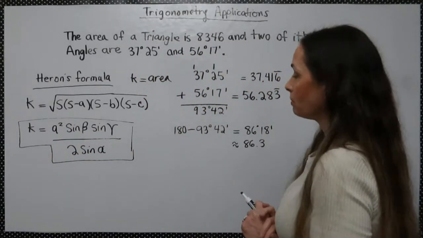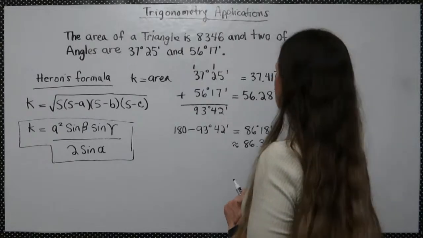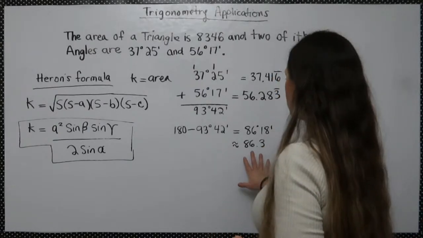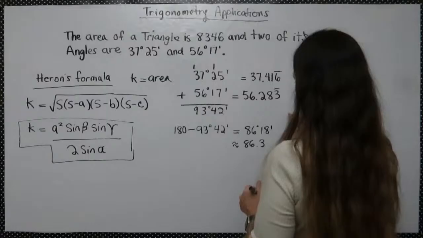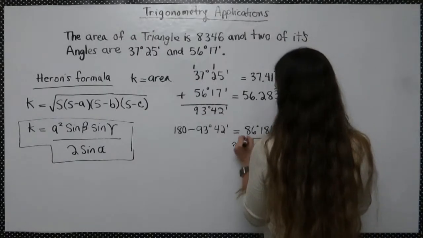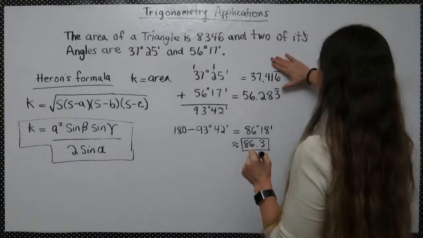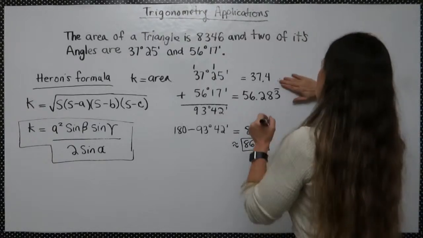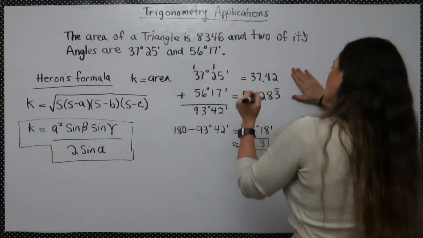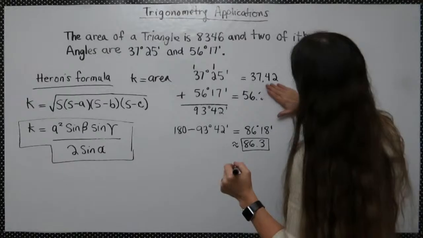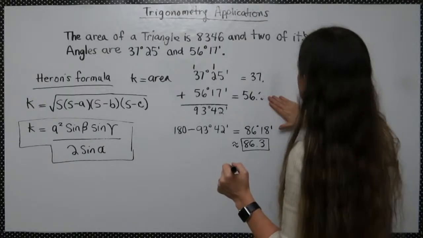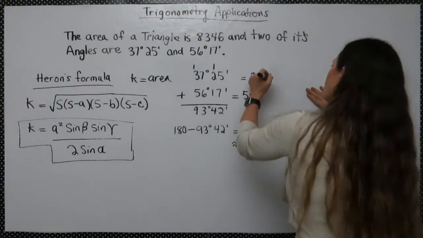So what we're going to do is take all three of these angles, and this one, we can go ahead and round these if you want. We'll say 37.4. And then we'll say 0.4. We'll go out to tenths place. How about that? 0.4.